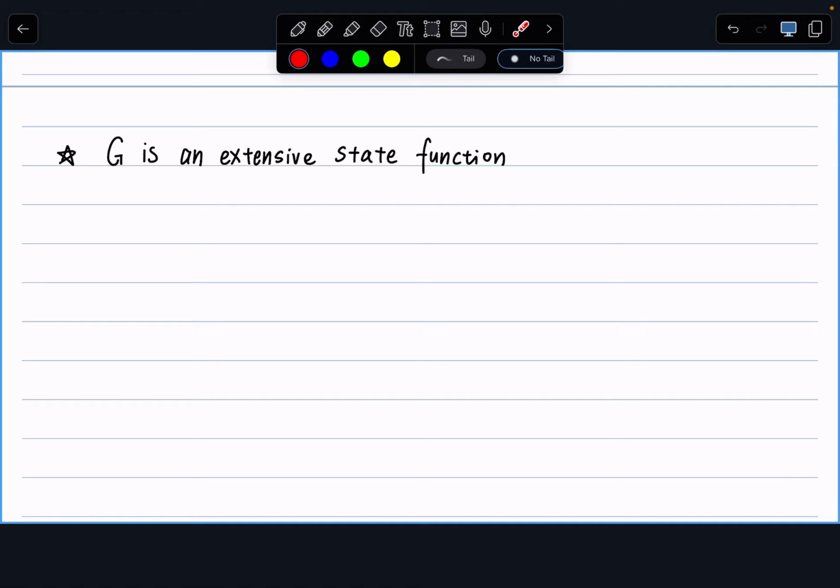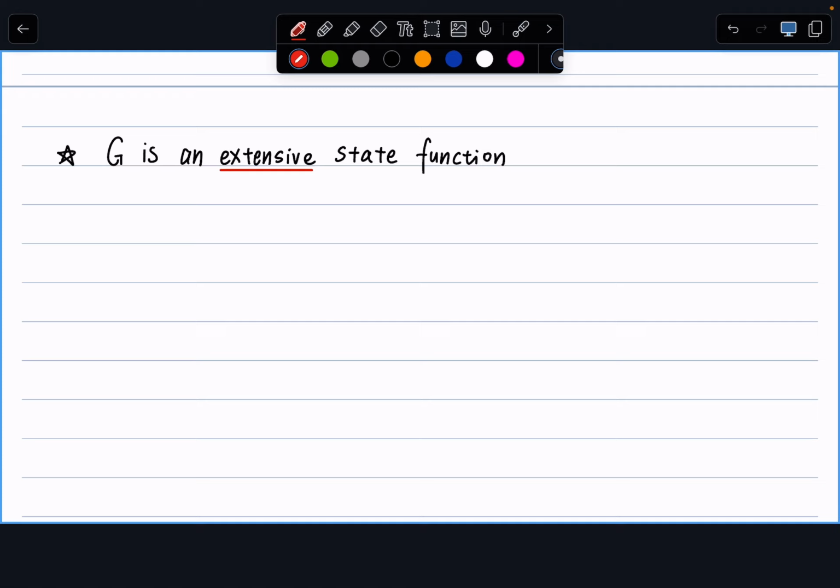So getting started with this part, we start by looking at the fundamental property of Gibbs free energy. Gibbs free energy itself is an extensive state function. What does it mean to be an extensive state function? It basically tells us the total Gibbs free energy of my system equals the sum of each part.